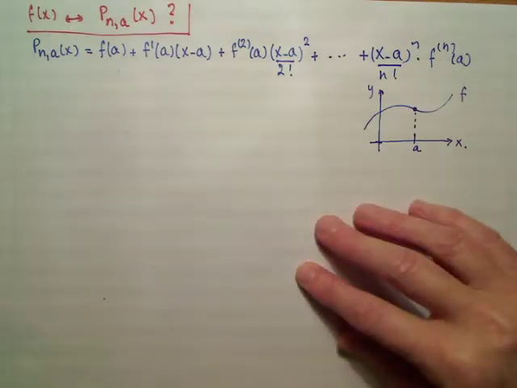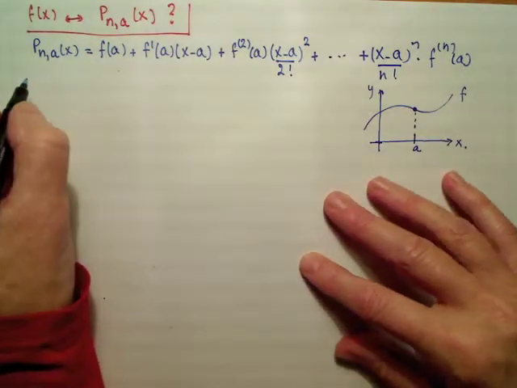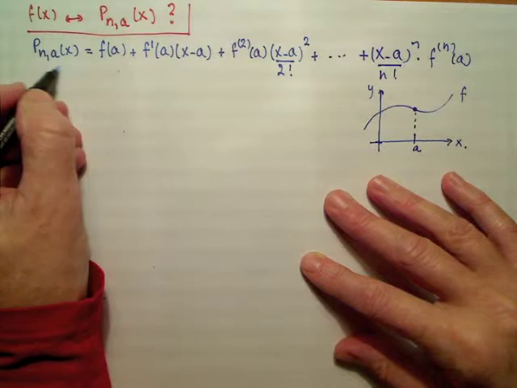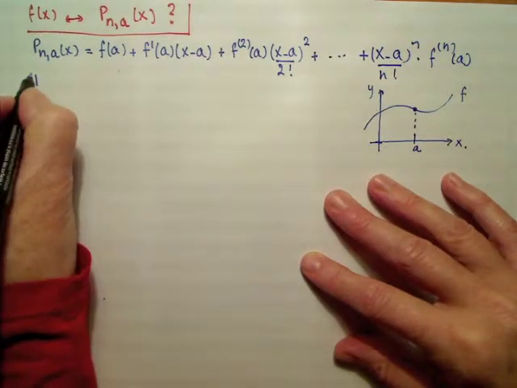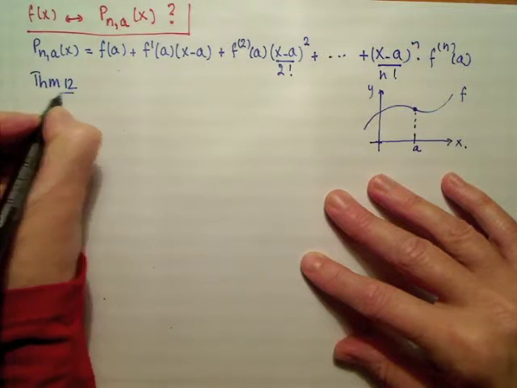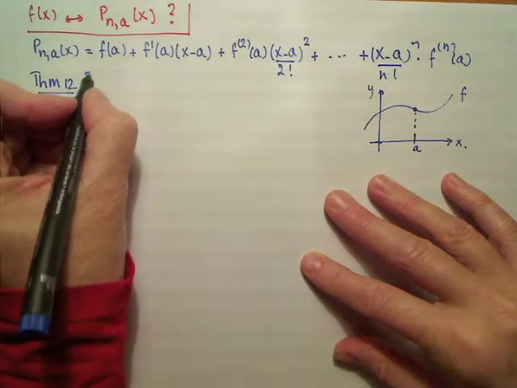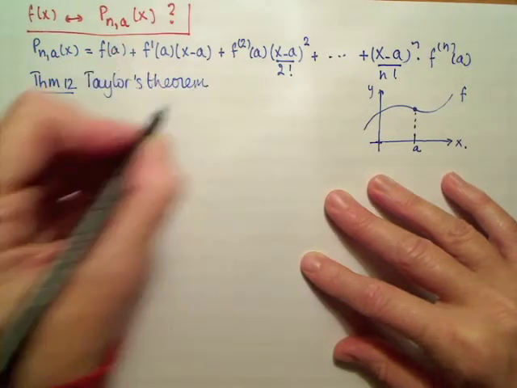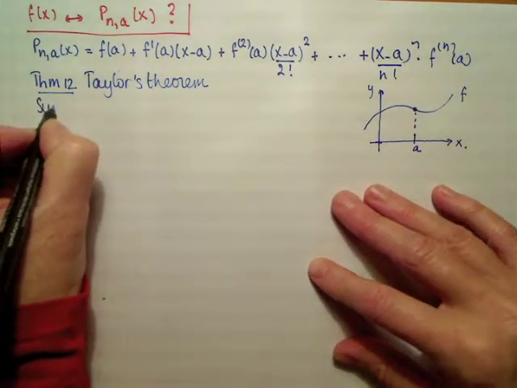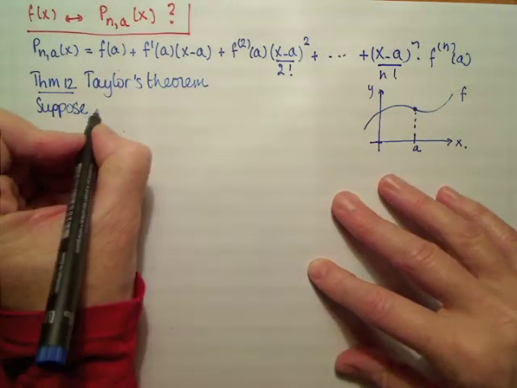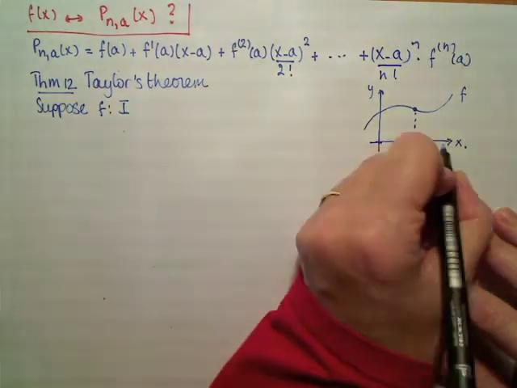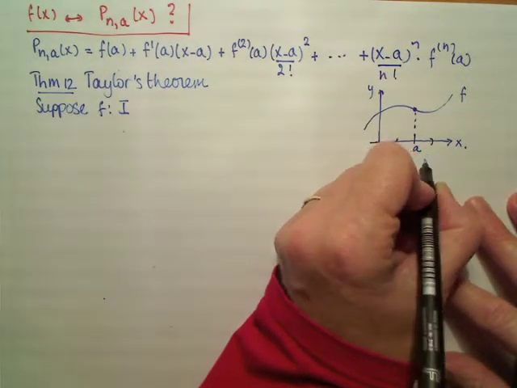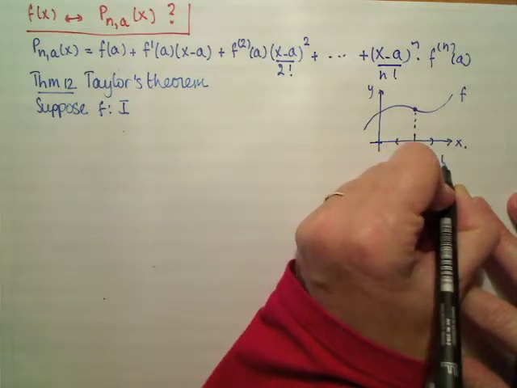Okay, now what is the statement? Taylor's theorem gives us precisely a bound on the difference between the Taylor polynomial and the function value. It is theorem 12 from the corresponding paragraph, and it is called Taylor's theorem. So we suppose that f is defined on this interval I, which is the interval from a minus delta up to a plus delta.